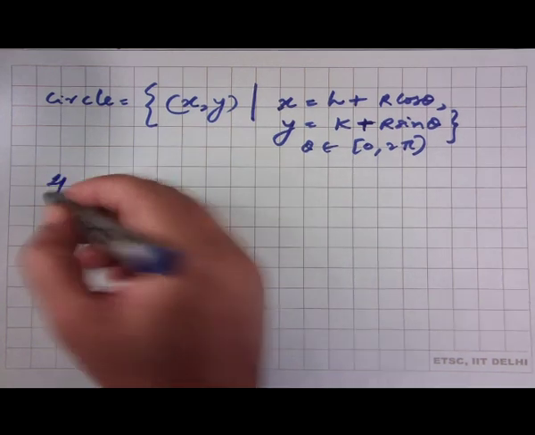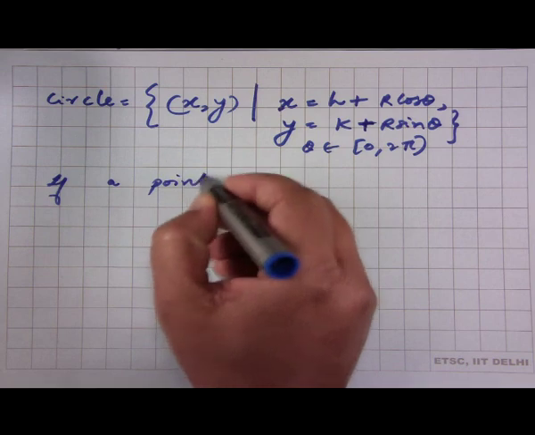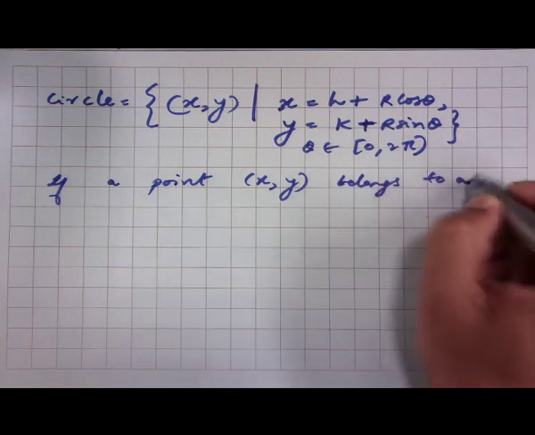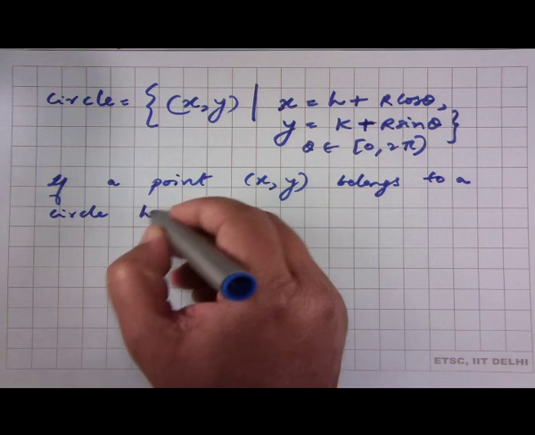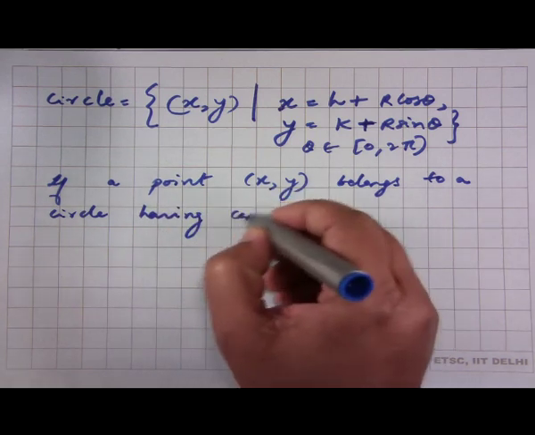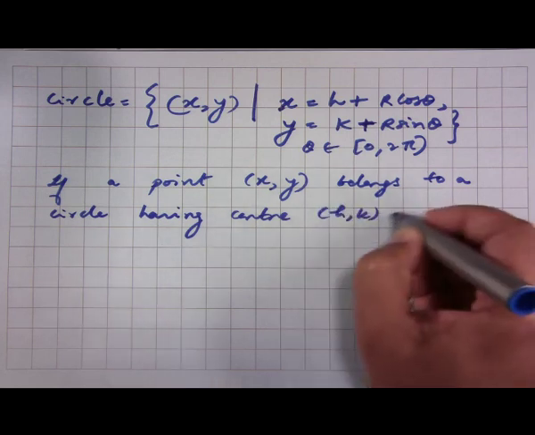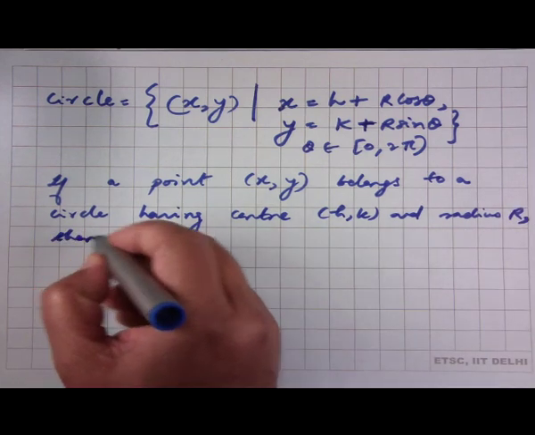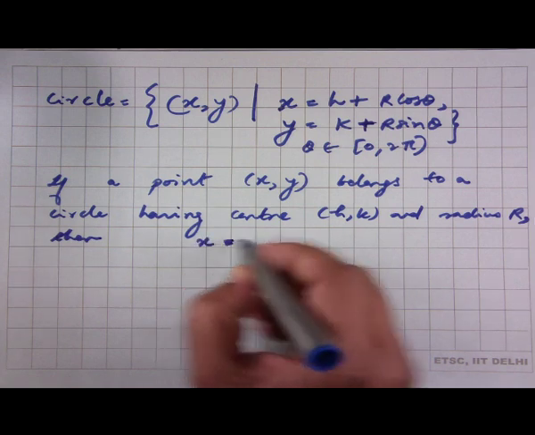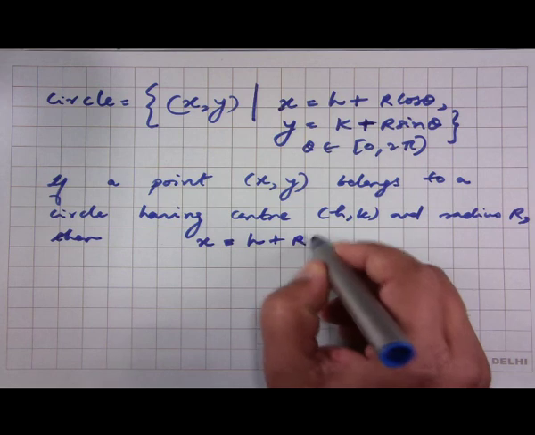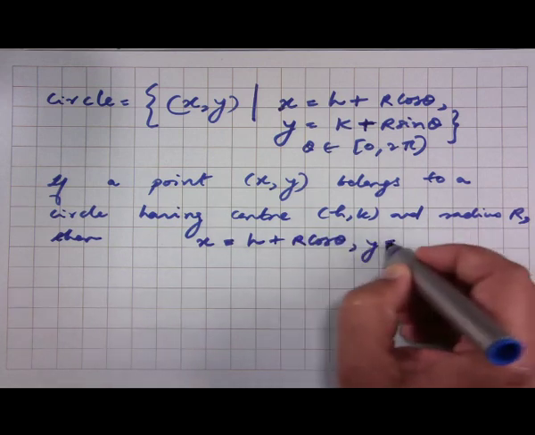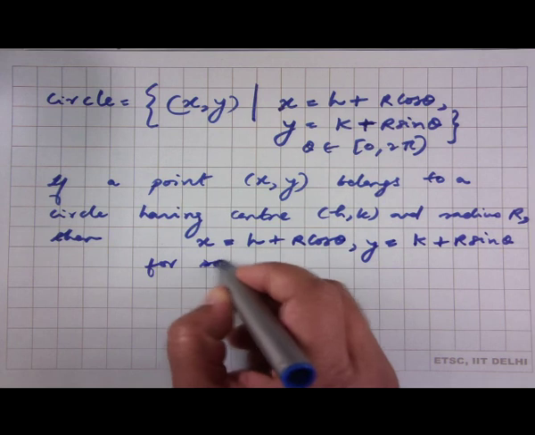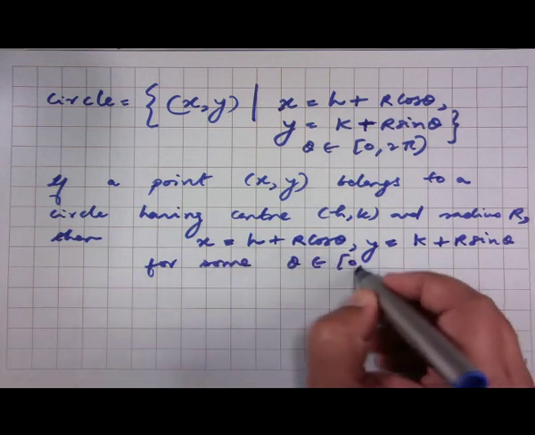So, essentially what we have said is two things. If a point x comma y belongs to a circle having center h k and radius r, then x must be equal to h plus r cos theta and y must be equal to k plus r sin theta for some theta belonging to 0 to 2 pi.